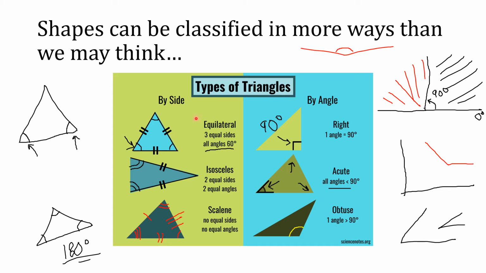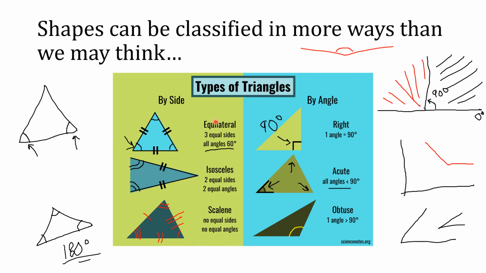Now, obviously, you can't have an equilateral triangle that's also a right triangle, because in an equilateral triangle, all the angles need to be 60 degrees. And for a right triangle, you need one of the angles to not be 60 degrees. And same for the obtuse triangle, you need one of the angles to be bigger than 90.